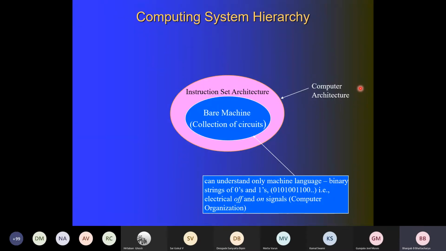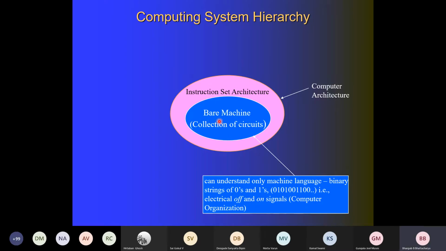And this collection of assembly language, which has a one-to-one correspondence to the machine language instructions, is called the instruction set architecture, or ISA.